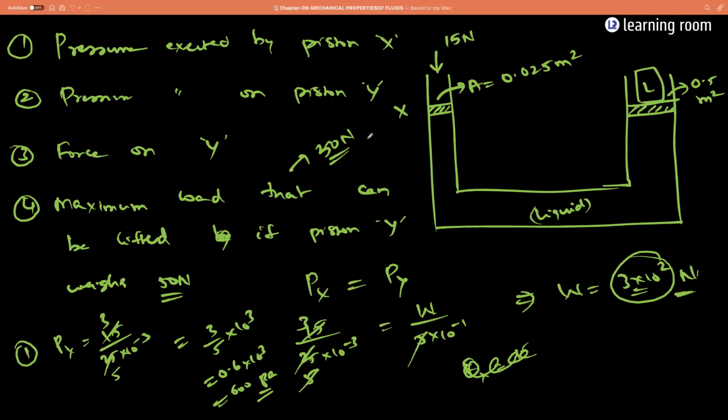Find the force exerted on the larger piston when a force of 10 Newton is applied on the smaller piston.